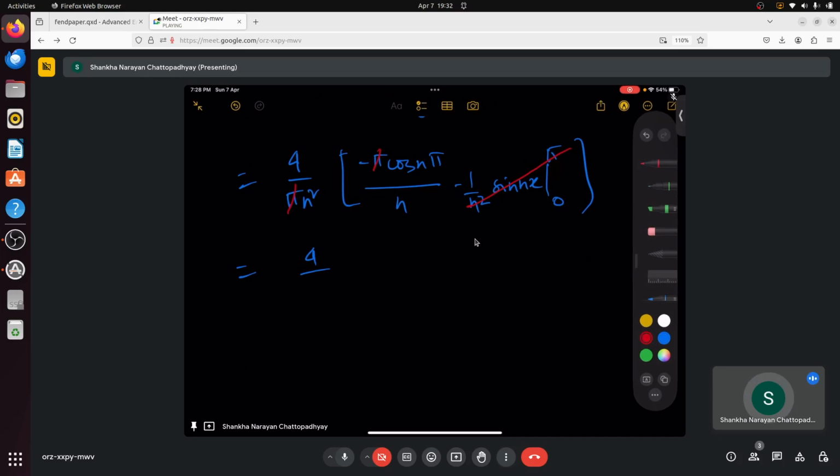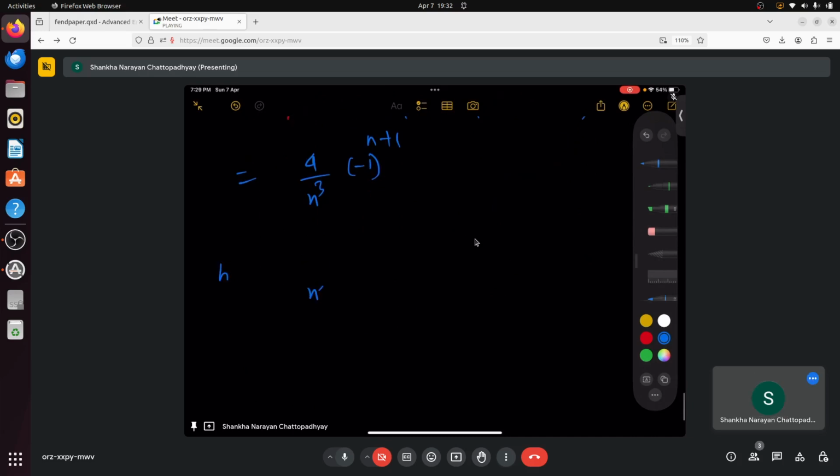This pi cancels. So what we get is 4 by n cube, minus 1 to the power n plus 1, because cos n pi equals minus 1 to the power n. So with the minus multiplied, it gets minus 1 to the power n plus 1.